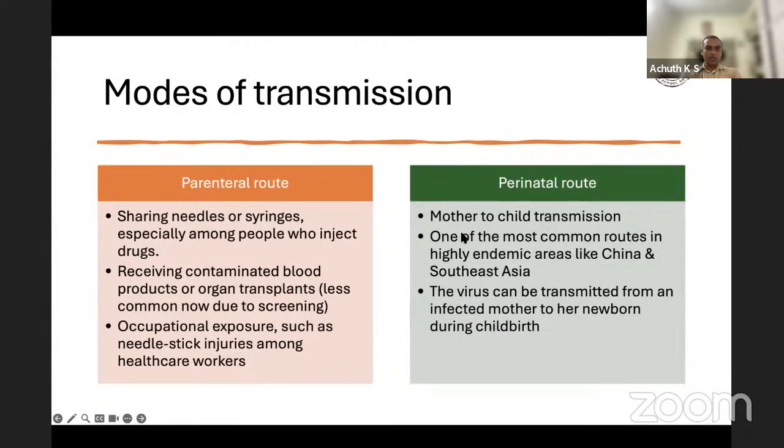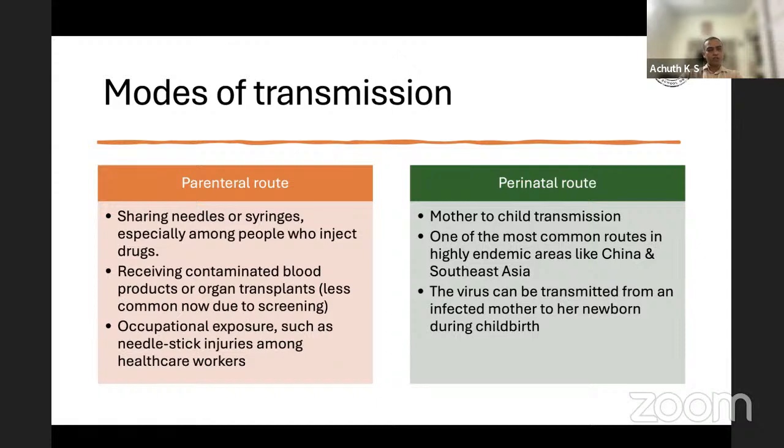There are 2 modes of transmission, that is parenteral route and perinatal route. Parenteral route includes sharing needles or syringes, especially among people who inject drugs. That is a behavioral problem. And receiving contaminated blood products or organ donation, which is very rare nowadays because every blood product is screened.